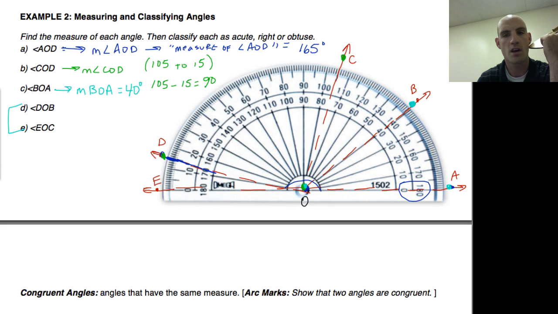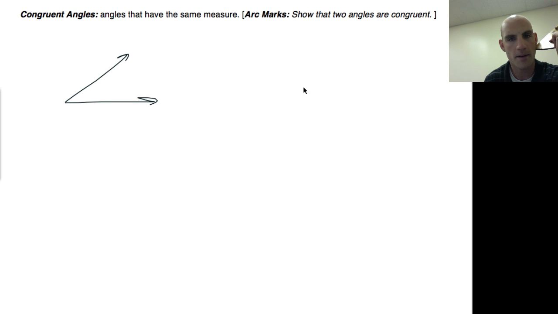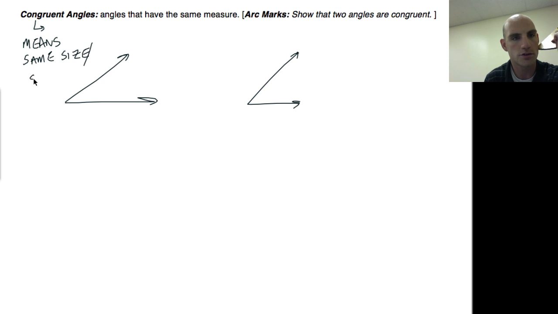One last kind of thing here, congruent angles. Let me draw 2 angles and talk to you for a second about this. Congruent means same size, shape.